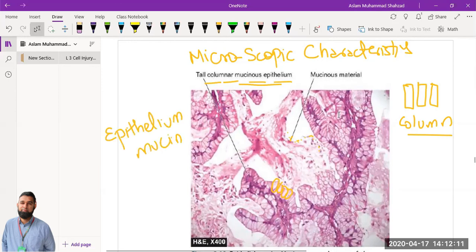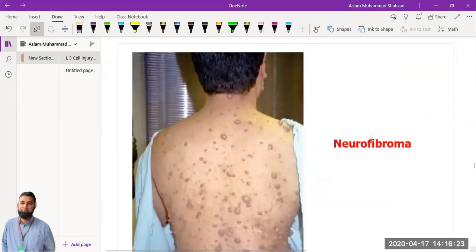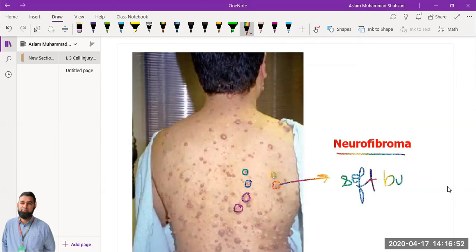When we talk about the other example, the example of connective mucoid, we see neurofibroma. If you see in this picture, these round structures are soft structures that arise from the nerve cells, and they are soft bumpy structures that are present under the skin.